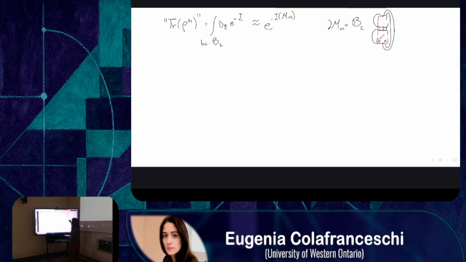So the boundary has a conical singularity, but the bulk is smooth because we want a solution of the Einstein equations. So the bulk must be smooth. The assumption that Lewkowycz and Maldacena made was that, since I have this replica symmetry on the boundary, the bulk solution preserves the symmetry.